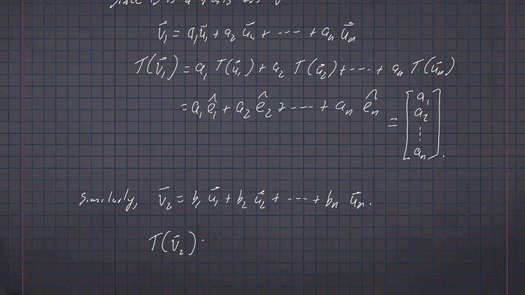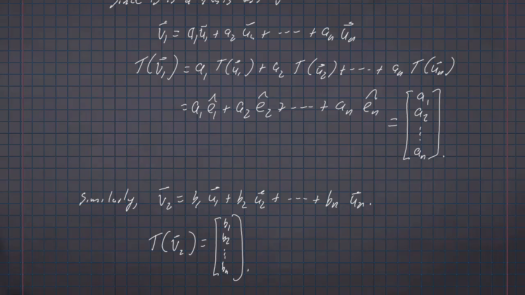We can go through the whole process, and I encourage you to do so if you would so desire, but I'm going to jump right to the conclusion that this gives us the Euclidean vector with components b1, b2 down to bn.